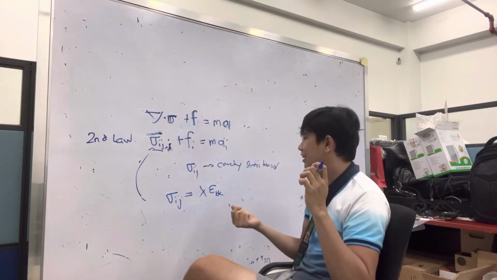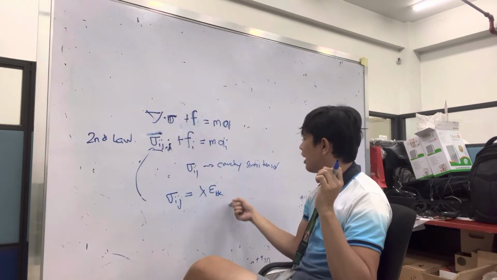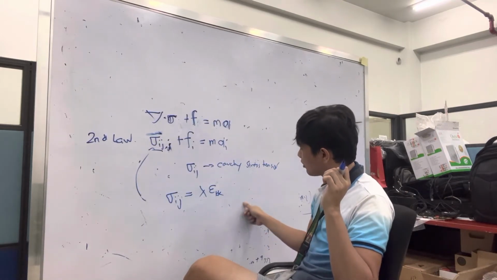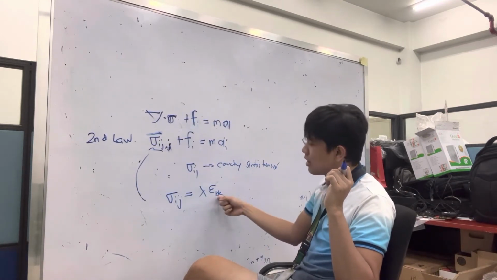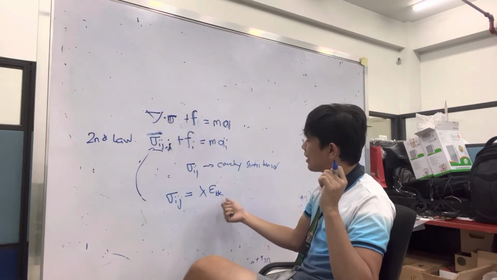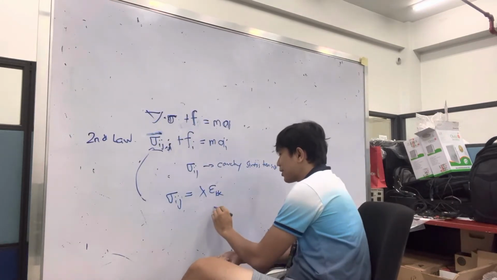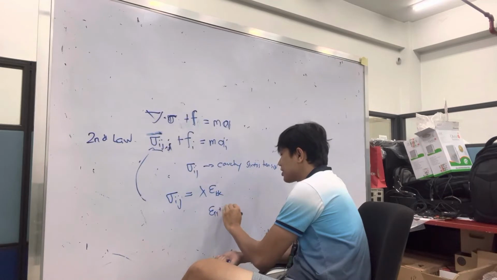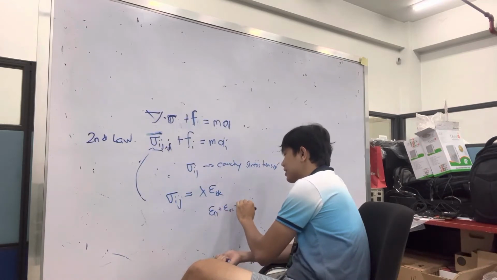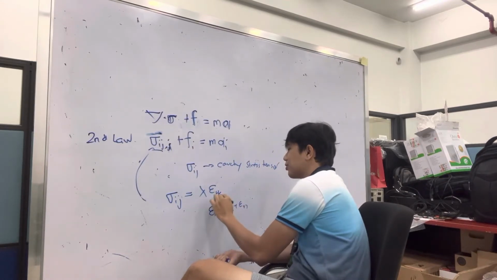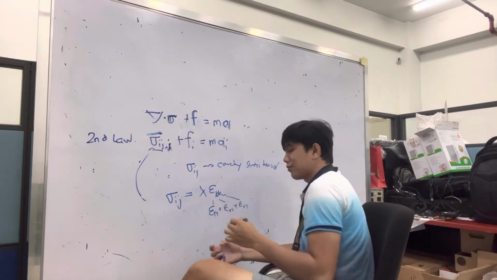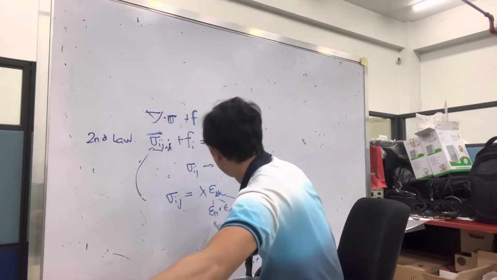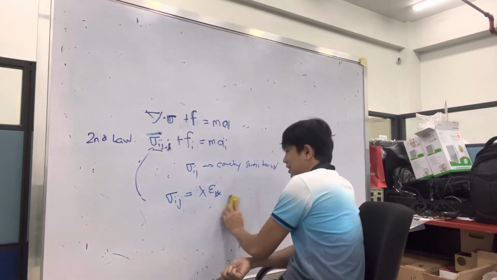Yung thickness niya, nagna-narrow down. So, it has to be in relationship dun sa sum ng lahat ng strain. So, pwede mo sabihin na E11 plus E22 plus E33. Ito yung K, so lahat ng sum ng volumetric strain, right there.